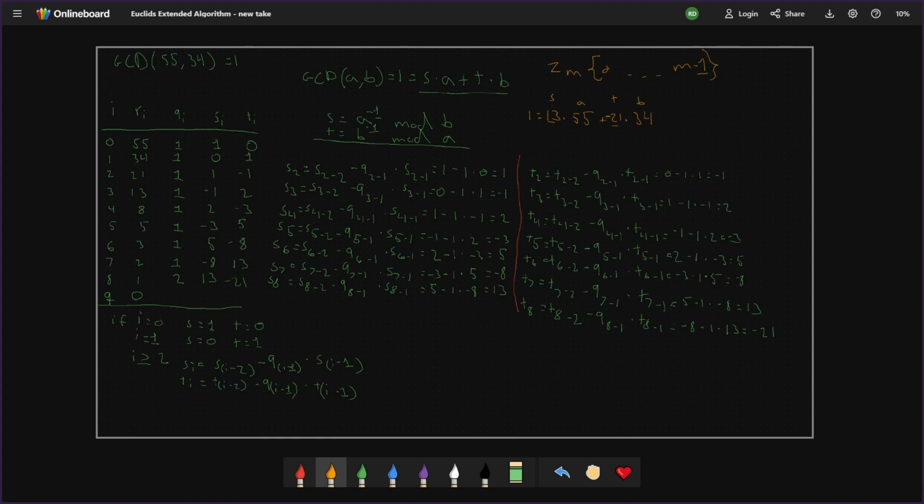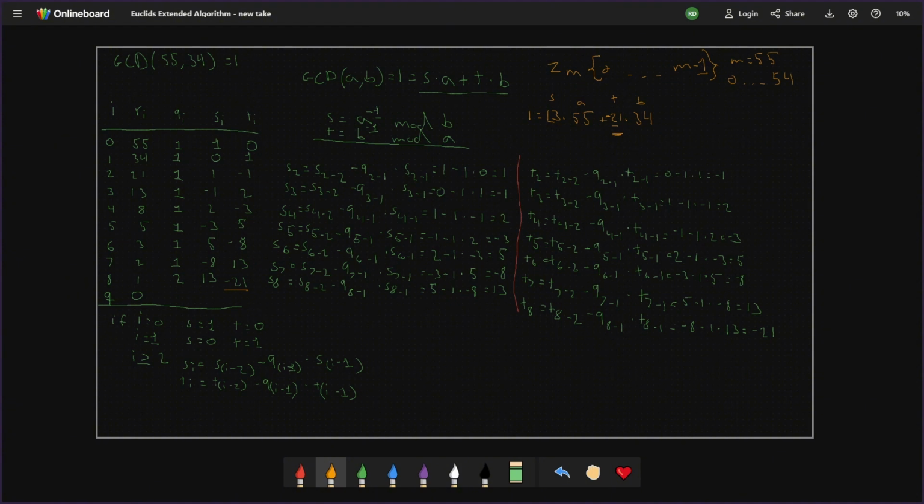And that poses a problem because the t-value that we found is -21, which we put into the equation up here as our multiplicative inverse of b, modulo a, meaning a is our m value. So the set cm is m equal to 55, which means the set is from 0 until 54. Now, of course, it doesn't matter if it's 54 or 55 because -21 is less than 0 and as such is not within the set.